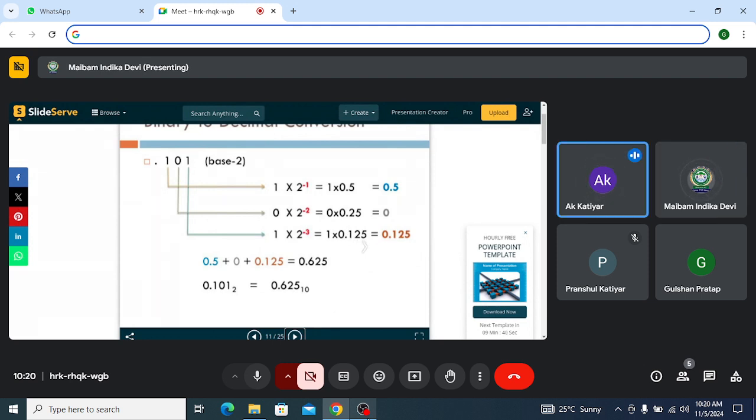So 1 divided by 8, you get 0.125. 1 divided by 4, you get 0.25. 1 divided by 2, you get 0.5. Whatever values you get, you add them up, and the resultant answer is the decimal equivalent of this binary value.